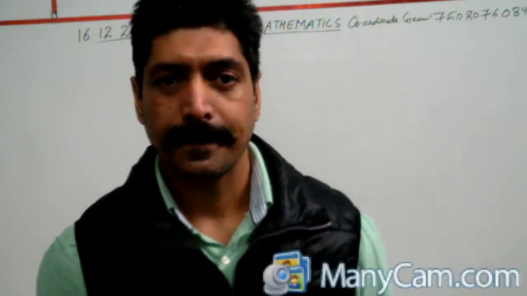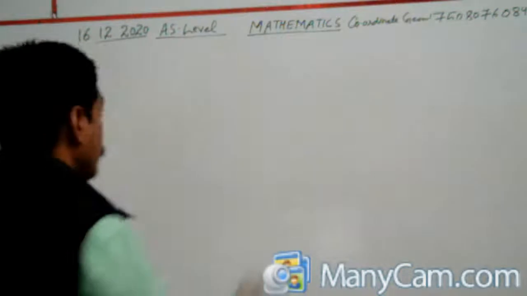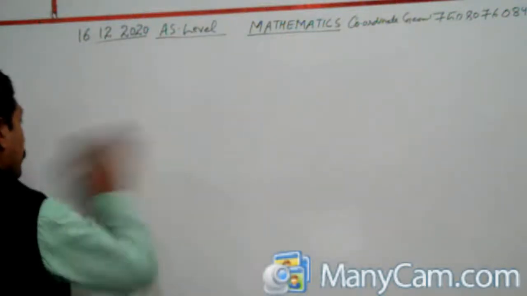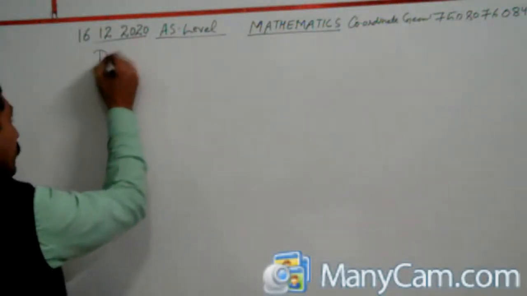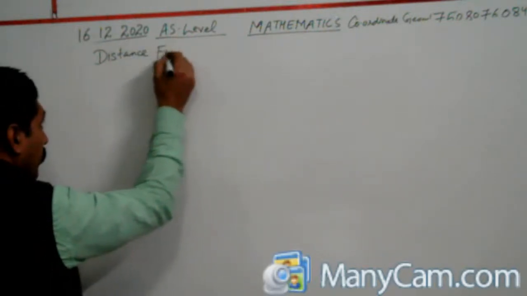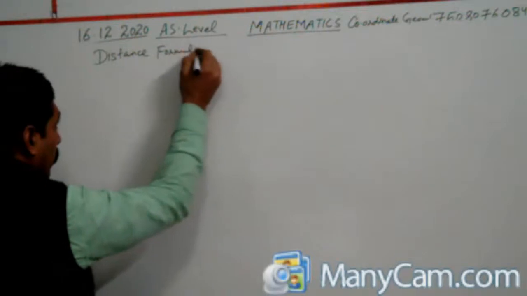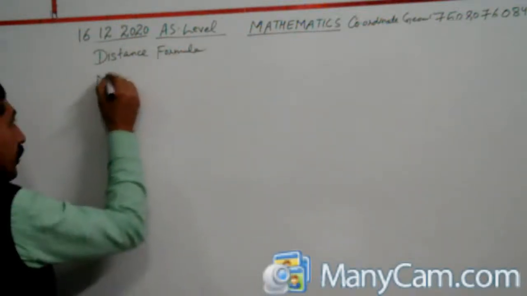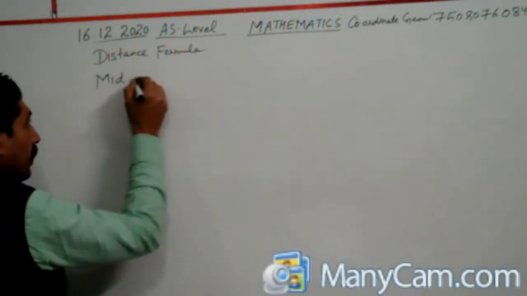So, we are doing coordinate geometry. In coordinate geometry, we have discussed first the distance formula. Then we have discussed the midpoint formula.